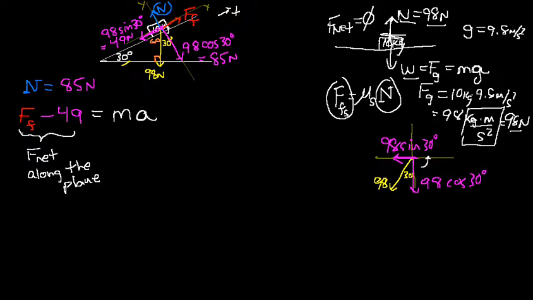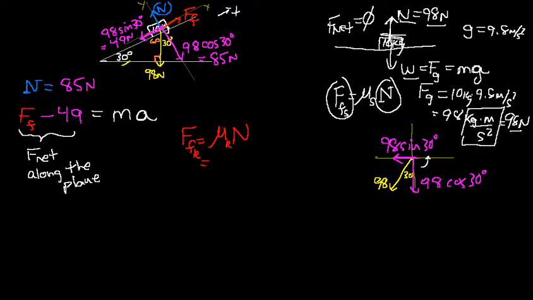All right, and in this case, how do we know what this force of friction is? Well, let's see if we could determine the force of friction. The force of friction is equal to this coefficient mu times the normal force. The normal force we said was 85. So assume the object's moving, so we're going to call this kinetic, force of kinetic friction, which we talked about last time.